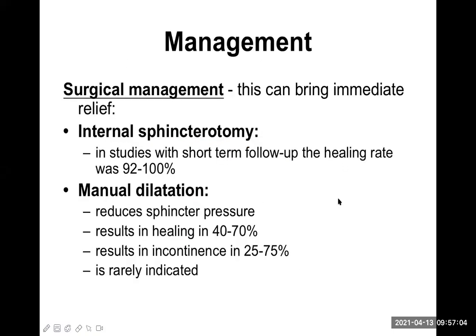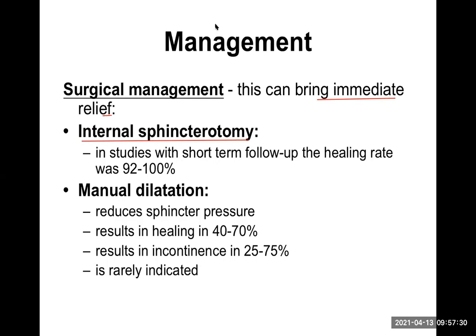Now, what about the surgical treatment? See there. Surgical treatment can bring immediate relief, and this is done by internal sphincterotomy. Internal sphincterotomy means you divide the internal sphincter, you cut the internal sphincter. That is the point.